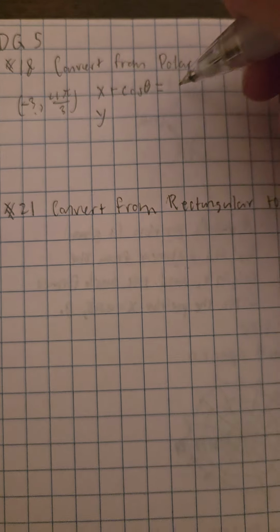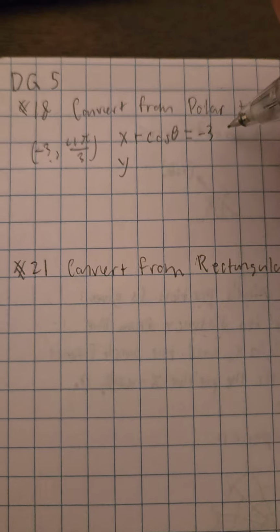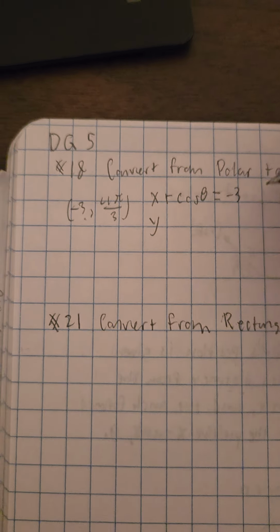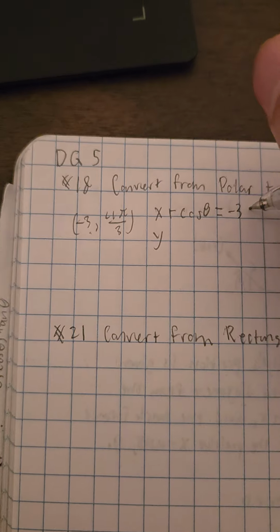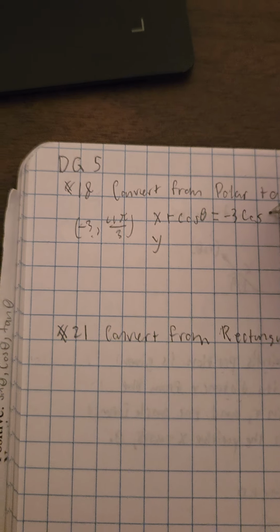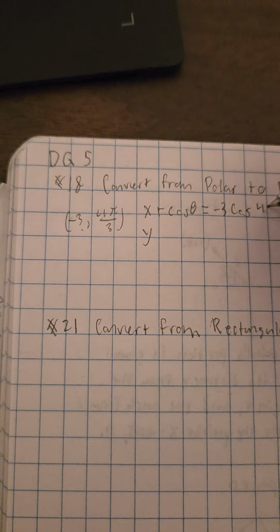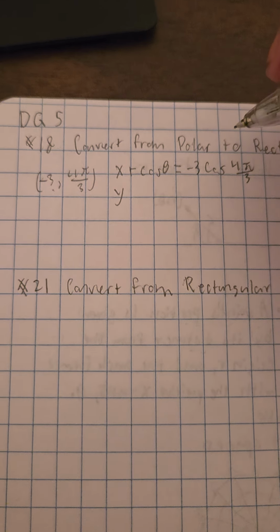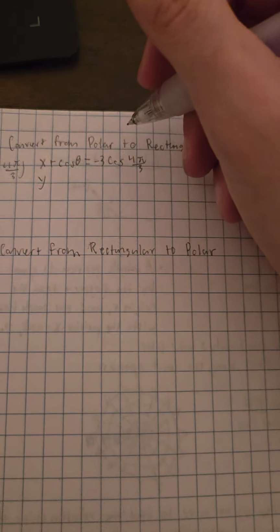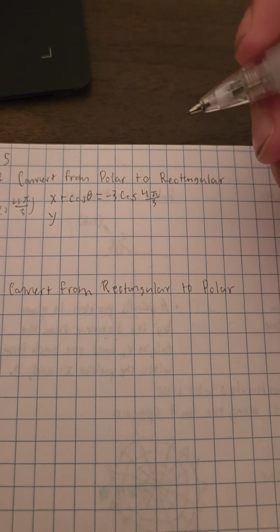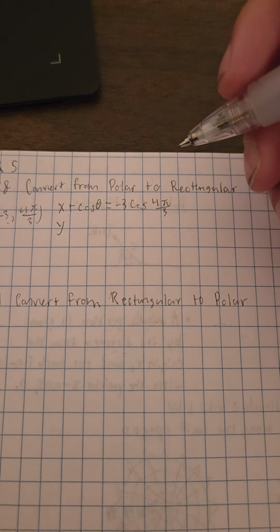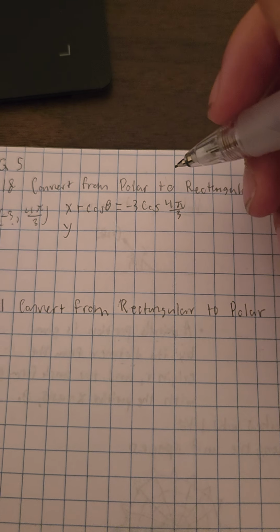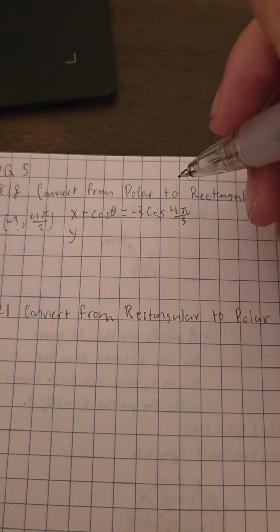So it would be negative 3 times negative 3 cosine, and then our theta in the polar point is 4 pi over 3. So negative 3 cosine, 4 pi over 3.